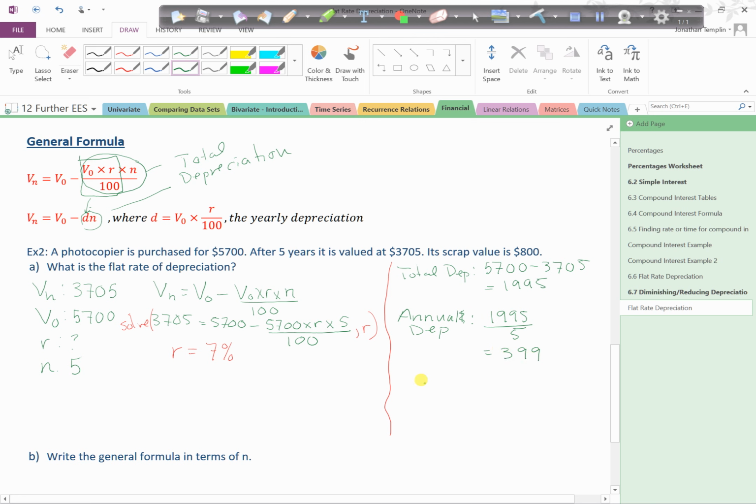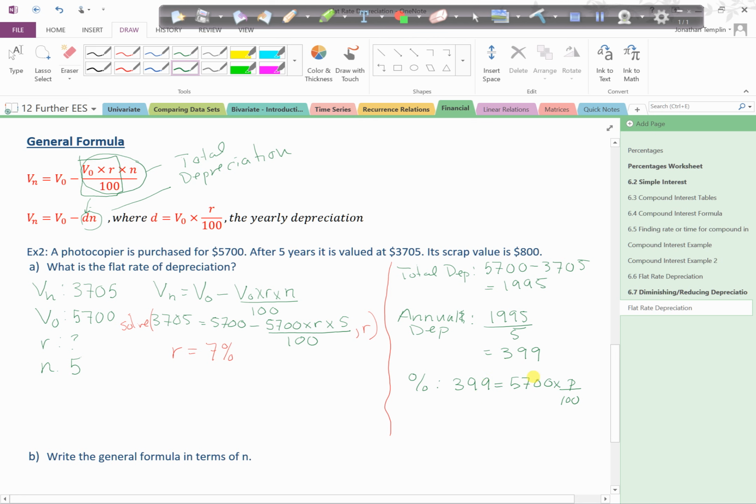And then I can say, going back to my concepts with percents, 399 is what percent of 5,700? That means what percent times 5,700 gives me 399.